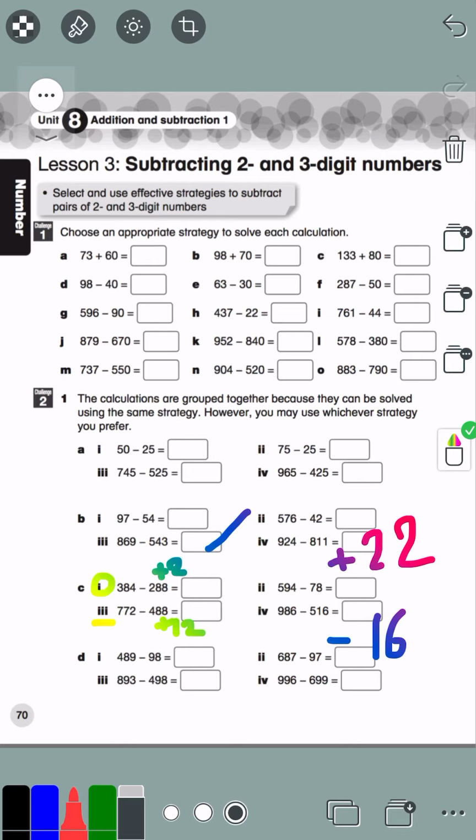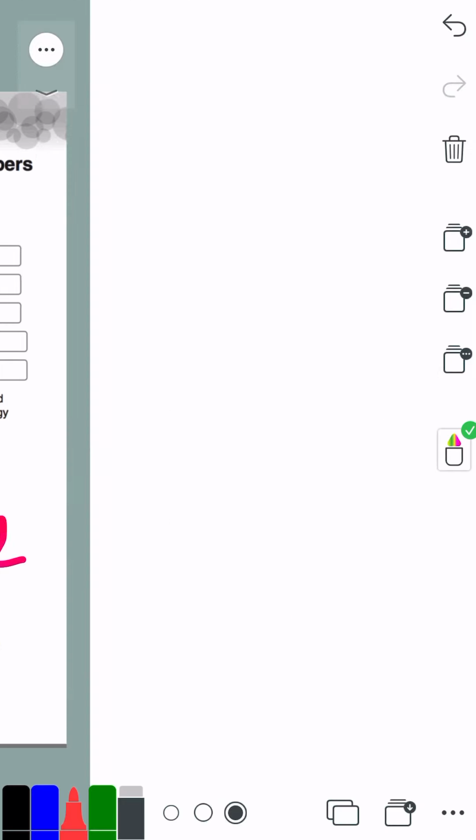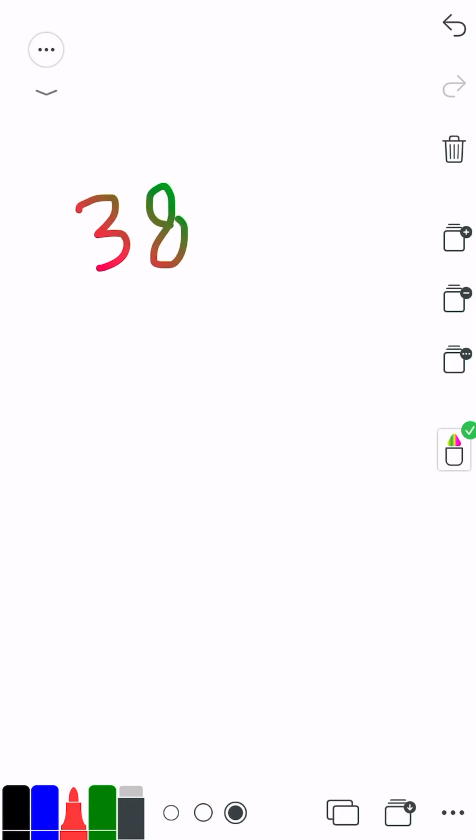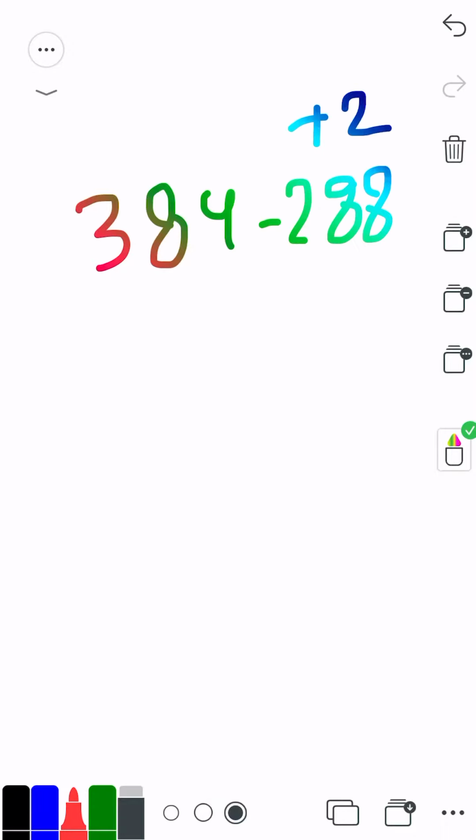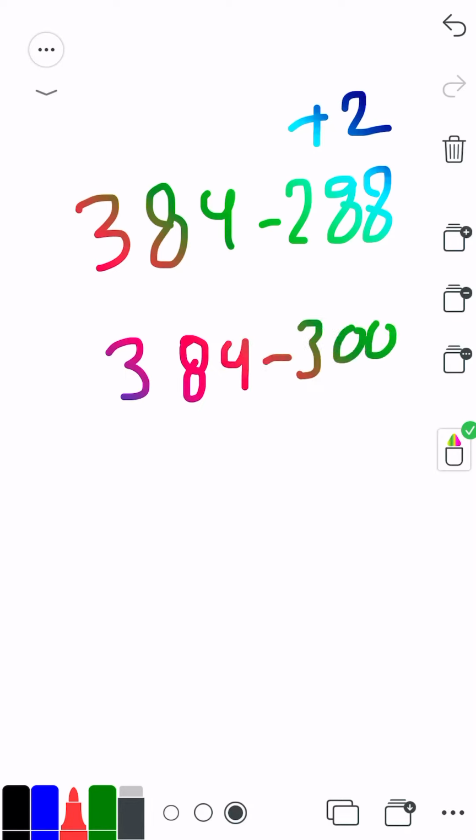So I'm showing you the first one, 384 minus 288. Add 2 to 288, that equals 300. So 384 minus 300 equals 84. Now add 2 to the answer.